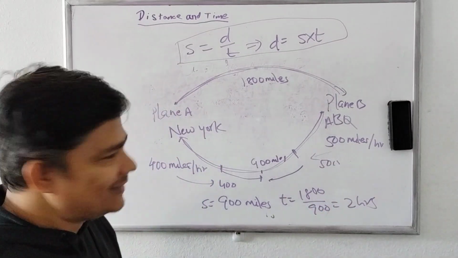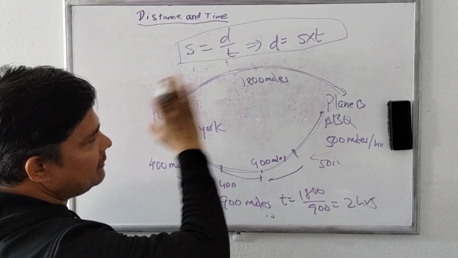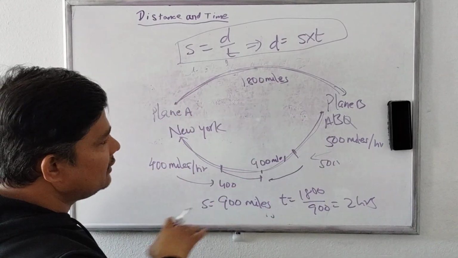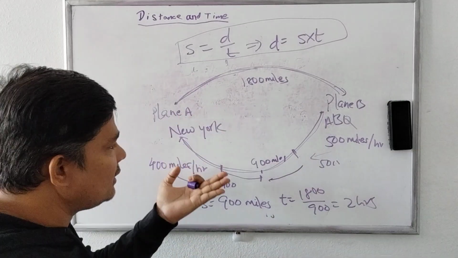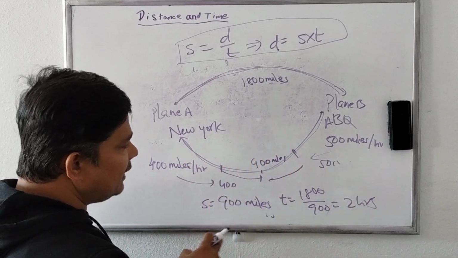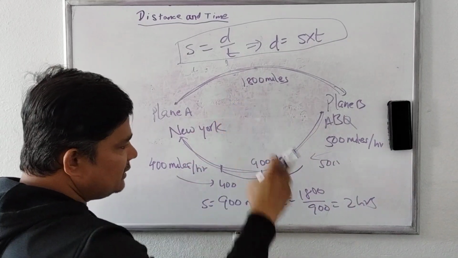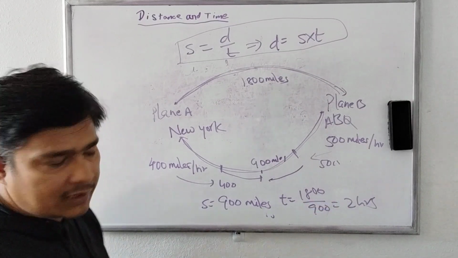Correct? You got it? So always remember, if they are moving in the opposite direction and they will be meeting each other, you have to sum the speed, and the given distance divided by the sum of the speed will give you the answer.